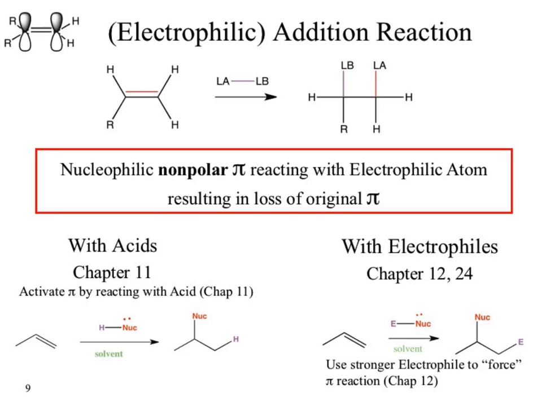If it shares electrons with something other than hydrogen, well, now we're looking at standard electrophiles. We have a new chapter, or chapters ultimately, chapter 12 and chapter 24. That's going to cause a shift in how the reactions overall potentially happen. That said, let's go through and take a look at the general reactions shown.